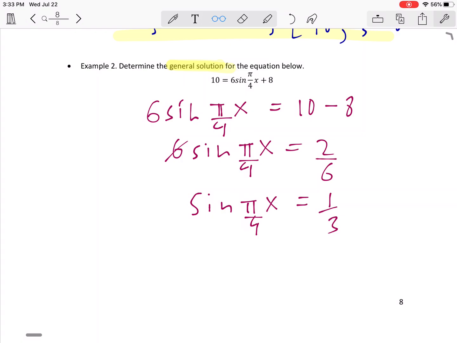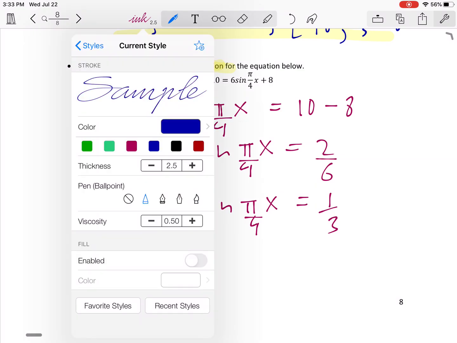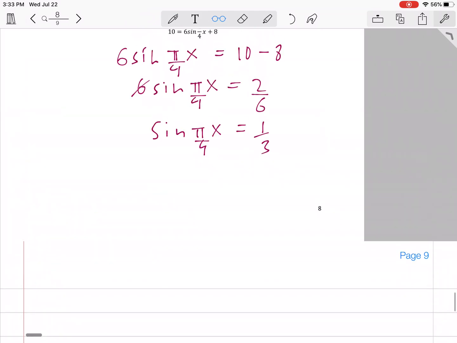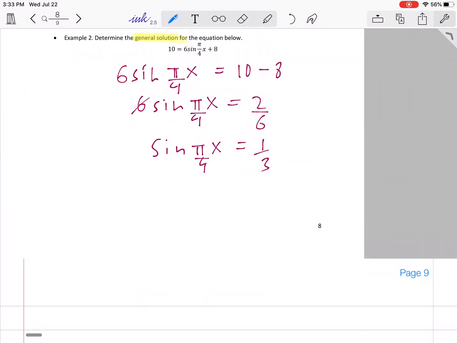If that was a square root, we would square it, right? Whenever you're trying to get rid of something, you're basically taking the opposite operation. The opposite operation of sine is inverse sine. So if you go inverse sine of sine, you just have to make sure you do that on the other side as well.